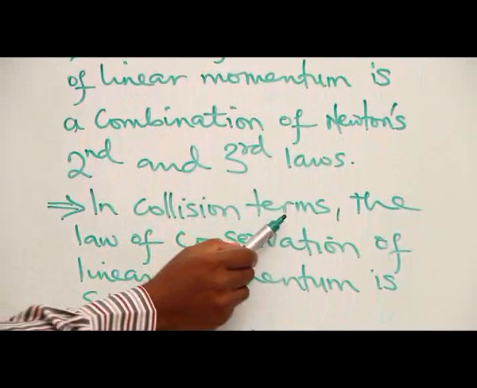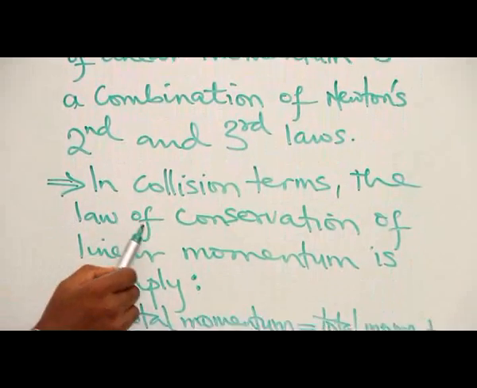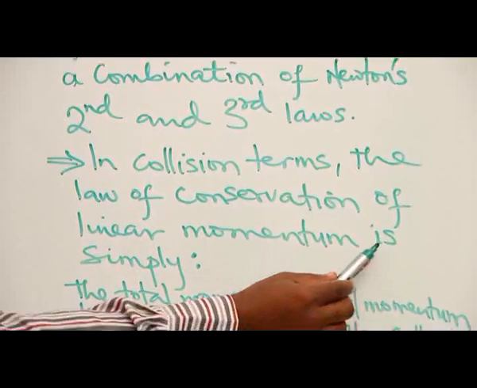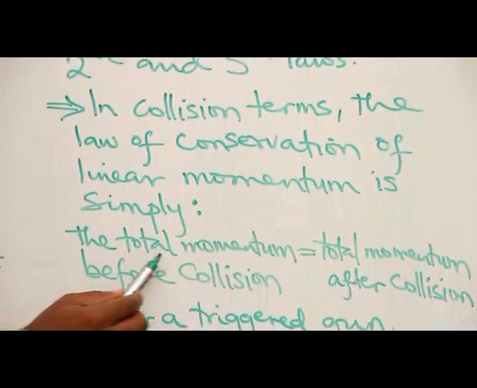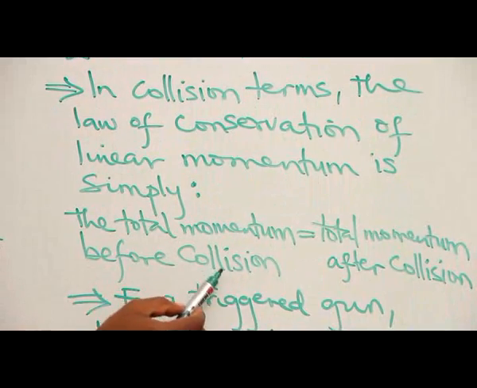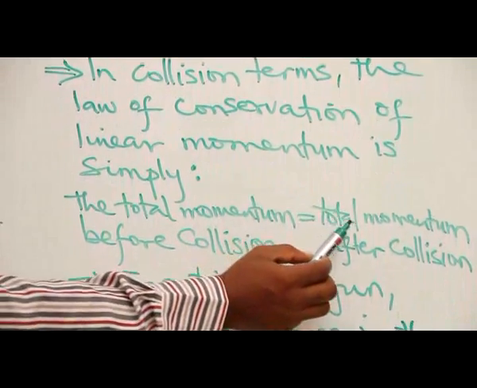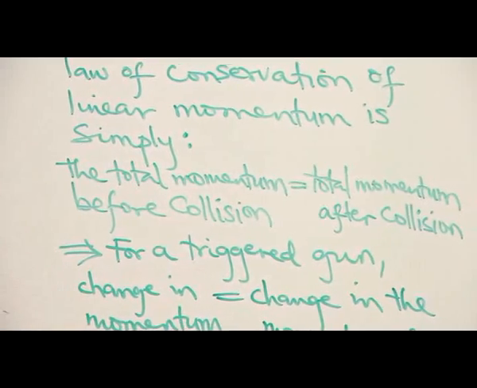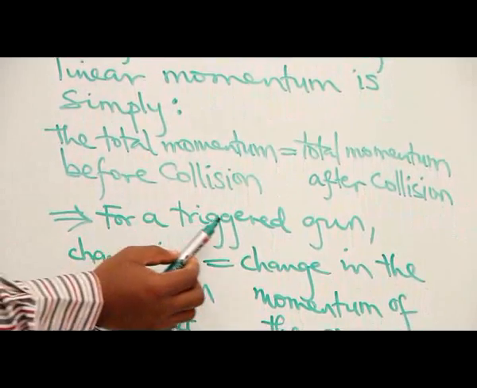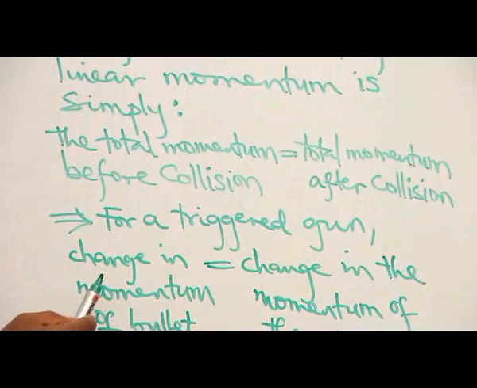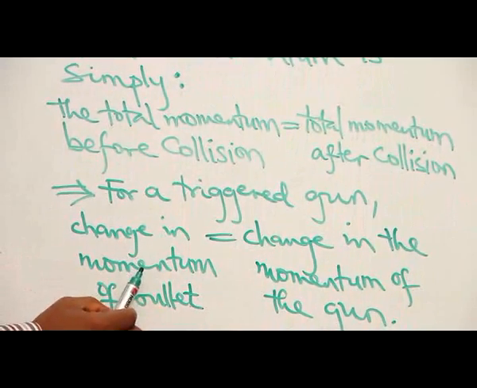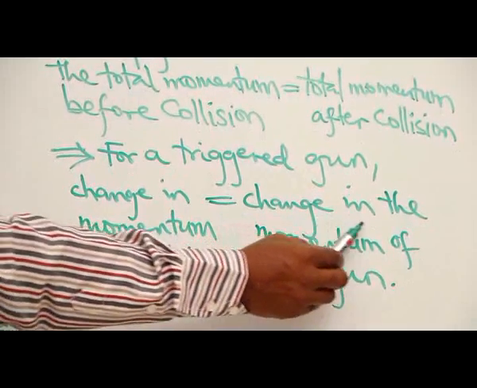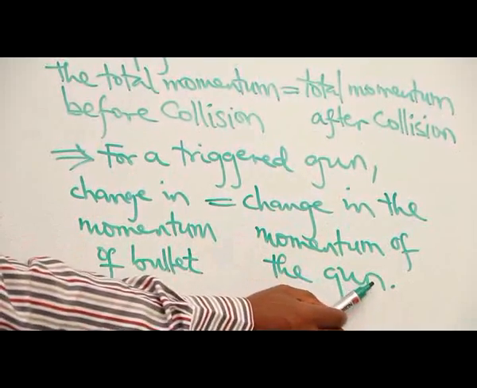In collision terms, it is simply that the total momentum before collision is equal to the total momentum after collision. Also, for a triggered gun, the change in momentum of the bullet is equal to the change in the momentum of the gun.